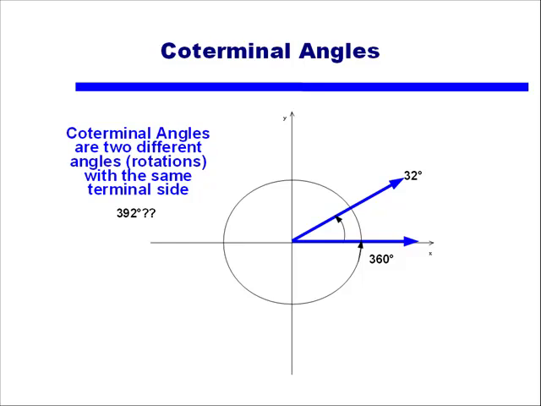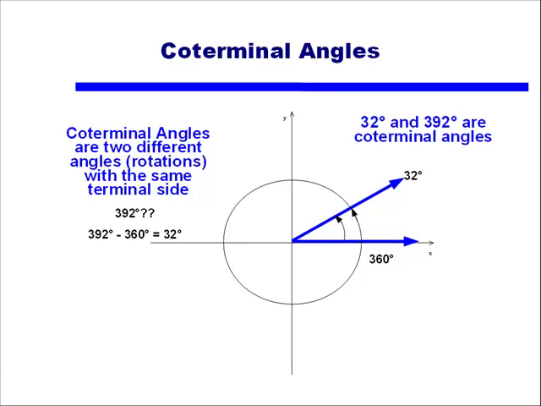We don't want to graph 360 degrees, we want to graph 392 degrees. Well, if I've already graphed 360 degrees and we subtract that from our angle of 392, we end up with 32 degrees. So if I graph 32 degrees, and if I graph 392 degrees, the terminal sides line up. That is, they are coterminal angles.